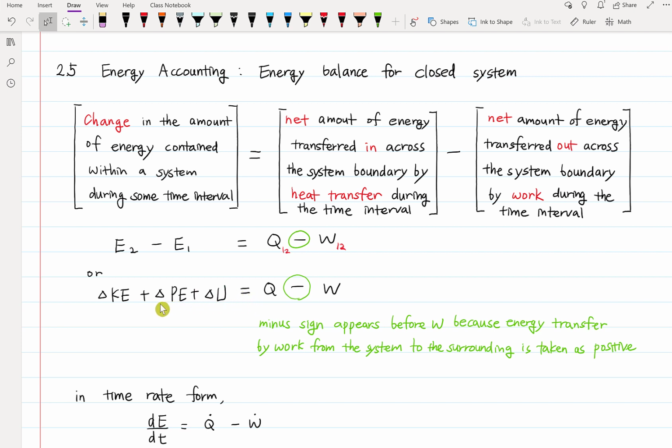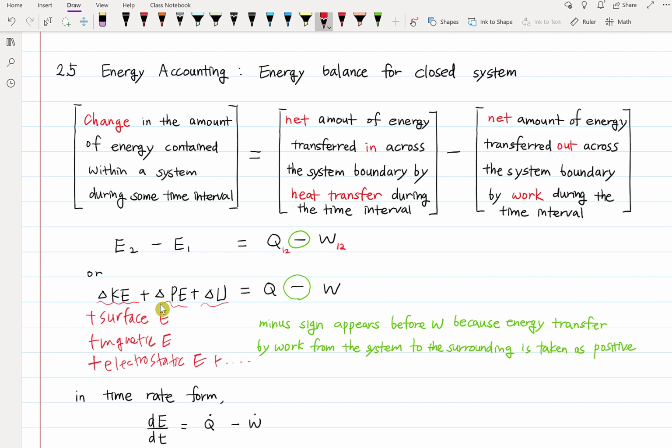It may include surface energy, magnetic energy, electrostatic energy, etc. Typically, they are small enough to be ignored. So we usually consider kinetic energy change, potential energy change, and internal energy change within a system.